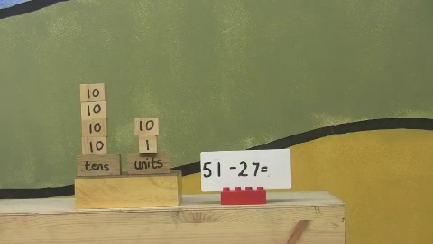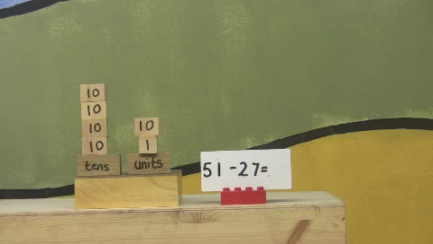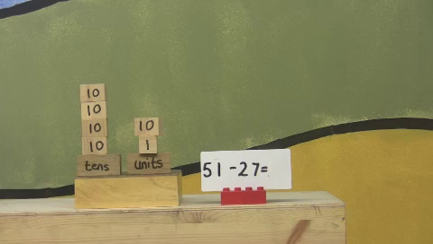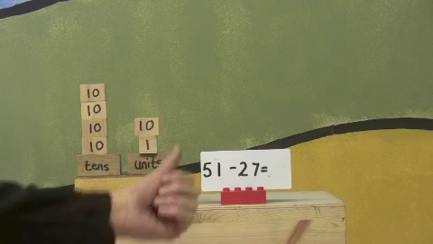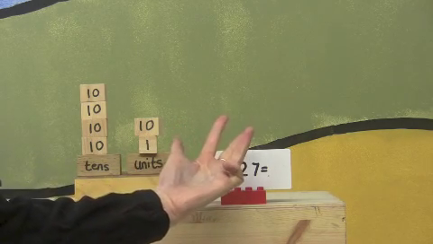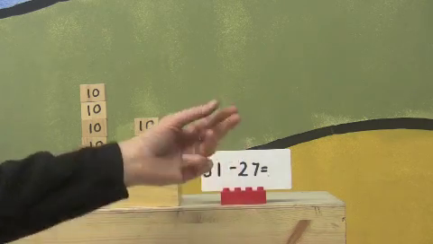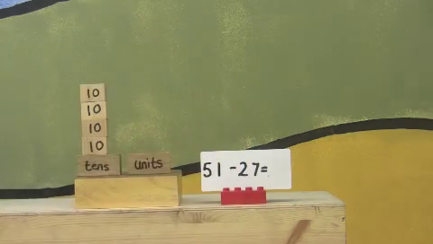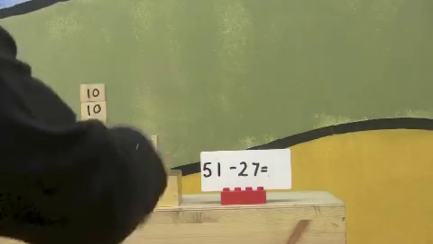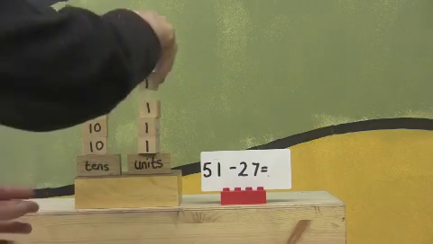11 take away 7, using my fingers, is 11 in my head, 10, 9, 8, 7. I've used 4 fingers. 11 take away 7 is 4. So let's put 4 units in the unit column. 1, 2, 3, 4.